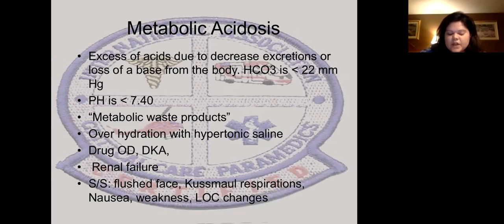We need to ask ourselves, do they have an anion gap? What was their D-stick? That might be it. Did they have a drug overdose? How can we fix that? So 50% of that can be corrected with a bolus of fluid. We need to dilute that out and help get rid of some of that and give back what they've lost.